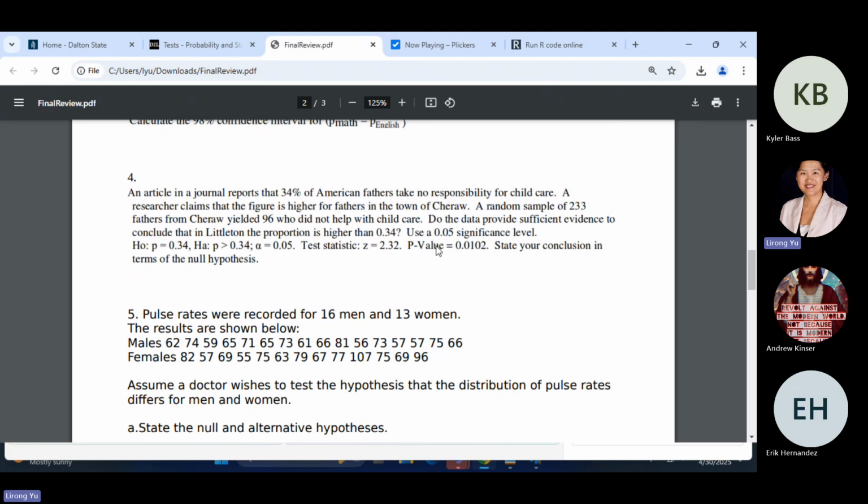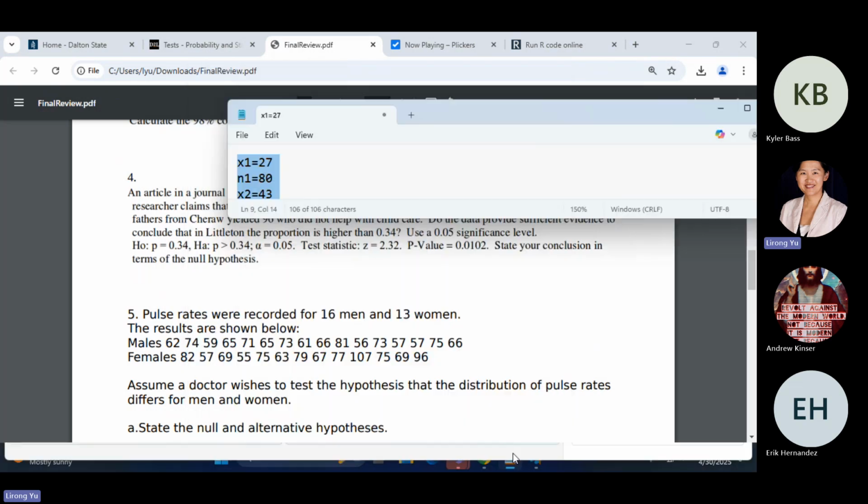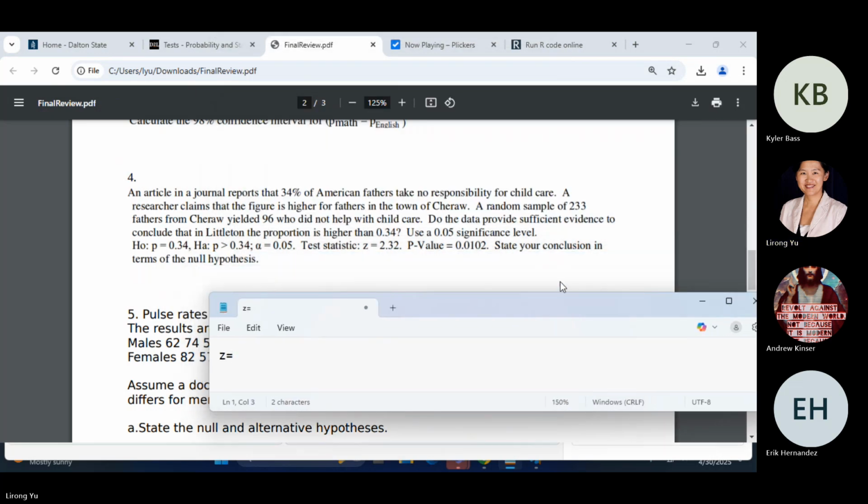So the calculation is actually slightly different. This is a one proportion test, unlike the one we did before, which had two proportions. This one, there's only one proportion, so Z is going to equal the point estimate, 96 over 233.